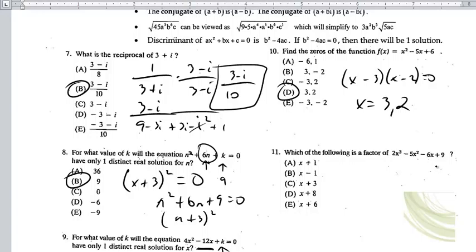If you use your polysmult, you'll get solutions of 3, 1.5, and 1. That means it's x minus 3, or x minus 1.5, or x minus 1. The only one that works here is x minus 1, which is B.